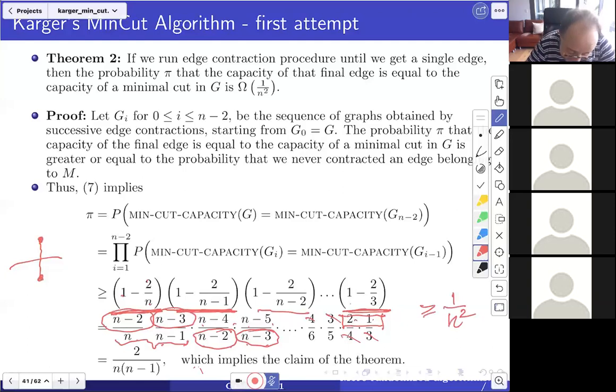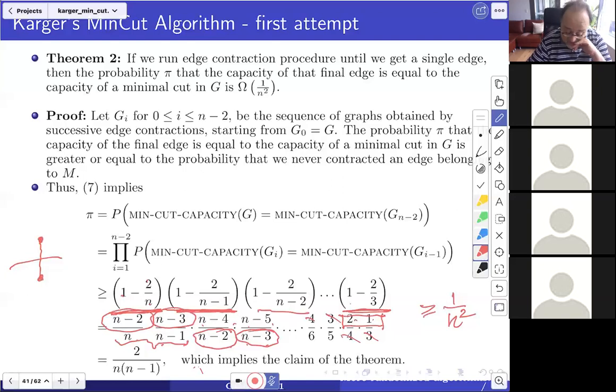Now, that is a pathetic probability. Why? Well, if you have a graph with, say, 10,000 edges, the probability will be 1 in 100 million, right?